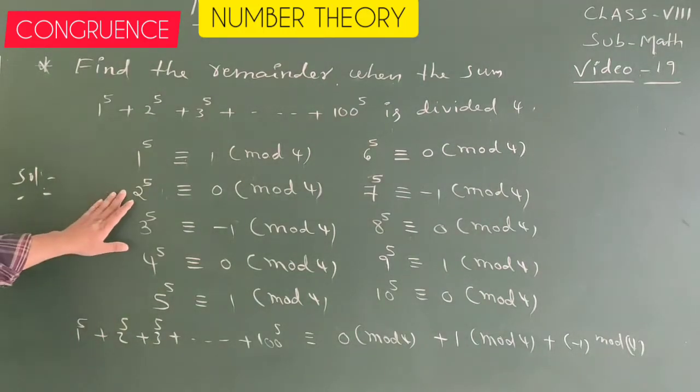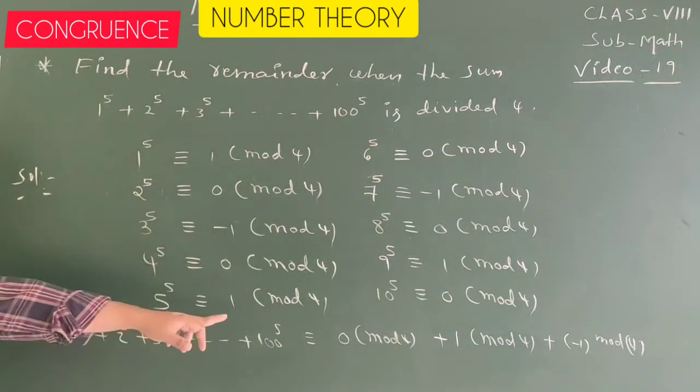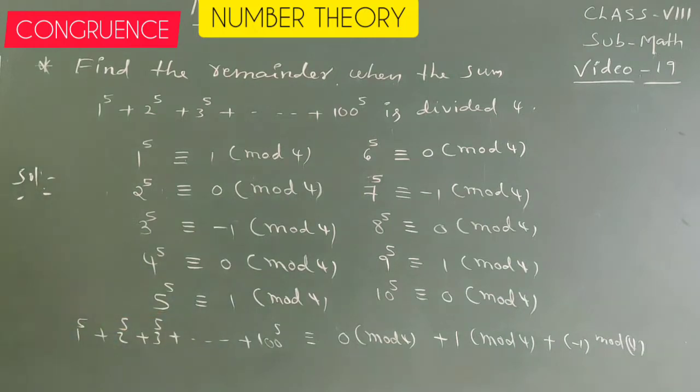For every even number you will get 0. That's why 50 times you will get 0, 25 times 1, and the remaining 25 times minus 1.